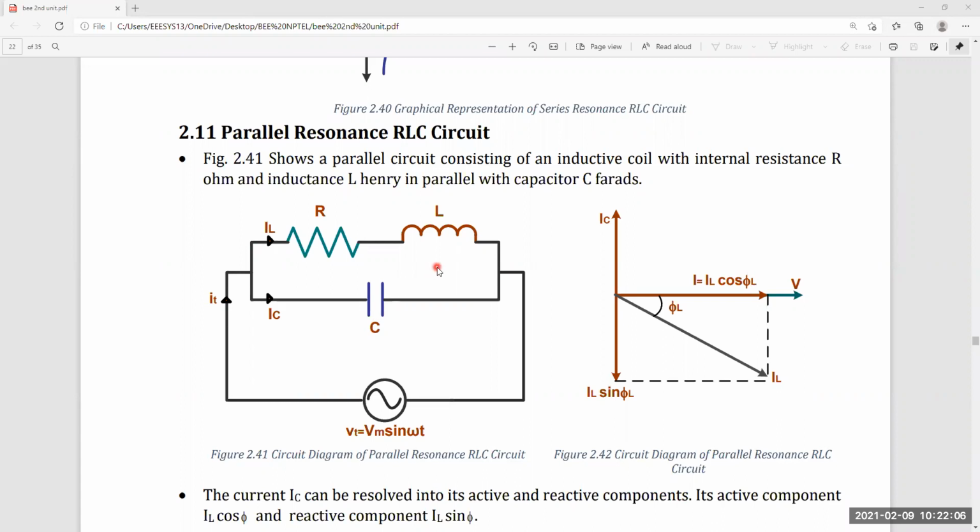That's why here the current is lagging, but across the capacitor the current is leading. So that's why the current flowing through the capacitor leads the voltage by 90 degrees.